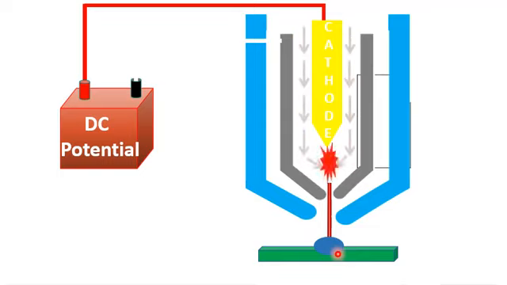So in order to get a uniform deposition of the thin film from the cathodic arc deposition process, and in order to confine our cathode spot on the cathode, we need a special type of arrangement. One type is known as passive arrangement.